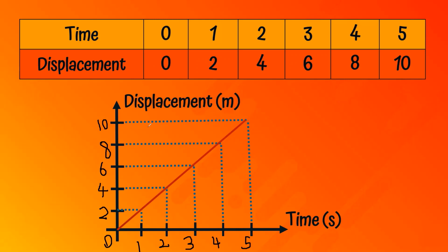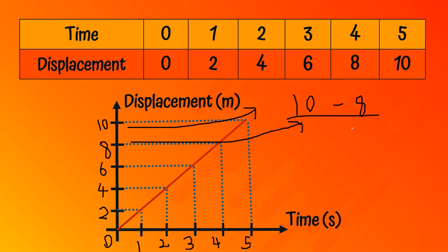So gradient means difference of y coordinates divided by difference of x coordinates. So difference of y coordinates 10 minus 8, we get this number and this number, and difference of x coordinates 5 minus 4, we get this number and this number.